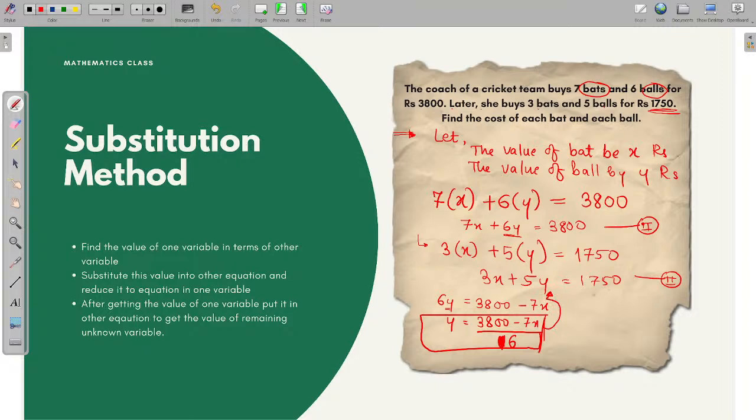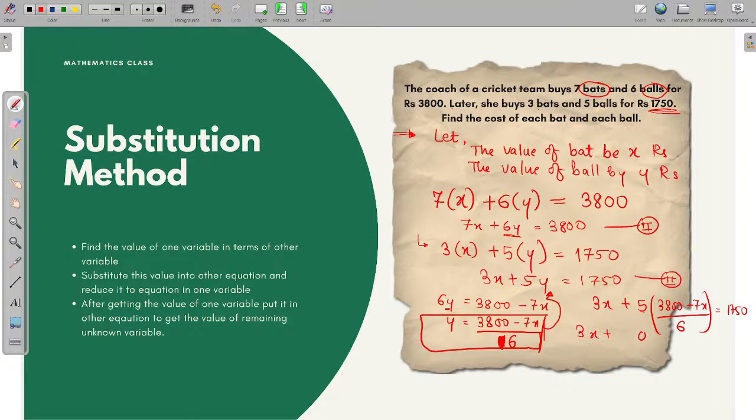Now I will put this value in the second equation. Okay, let's put it: 3x plus 5, and instead of y we'll put 3800 minus 7x upon 6 is equal to 1750. Got it? Now 3x plus, what is 5 into 3800?